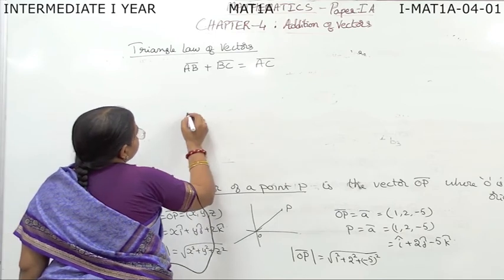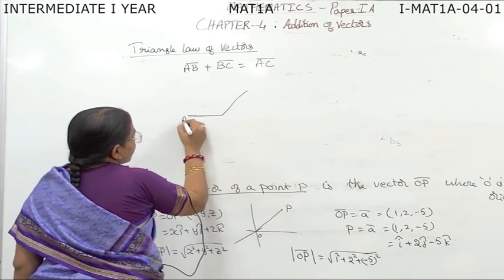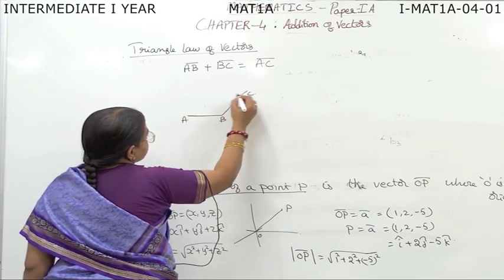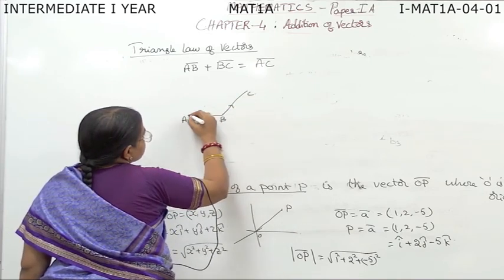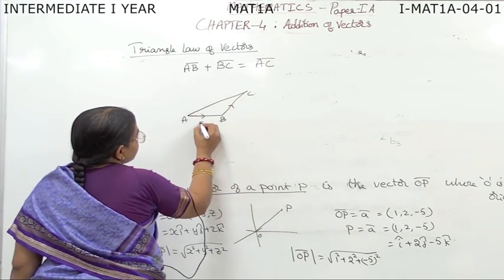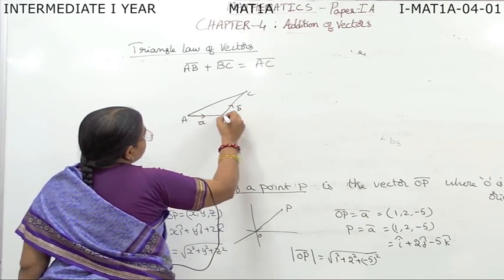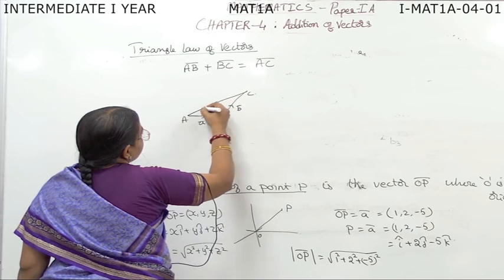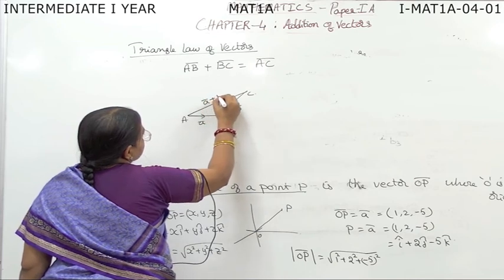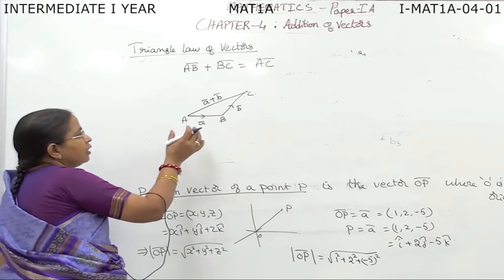Suppose that you have two vectors which represent the sides of a triangle, AB and BC. So AB plus BC is equal to AC. Suppose AB is equal to A, BC is equal to B, then AB plus BC is equal to A plus B. So this is the triangle law of vectors.